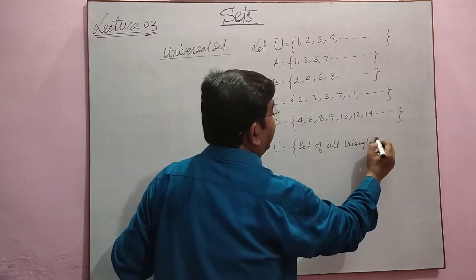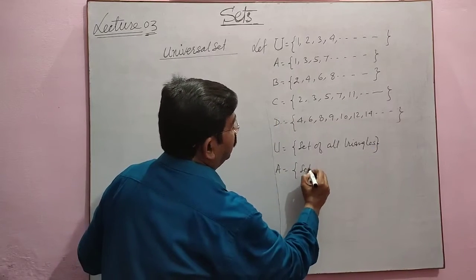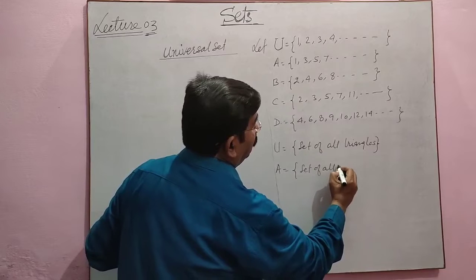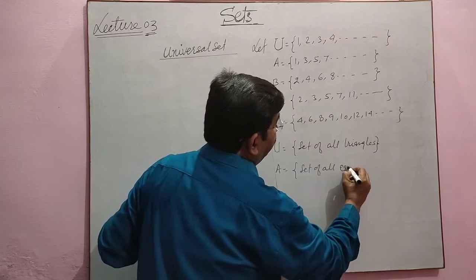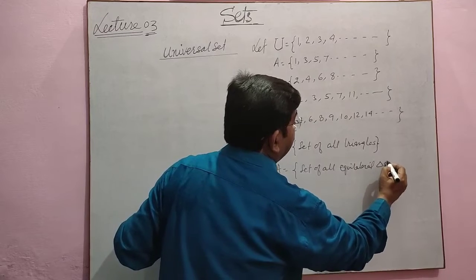Suppose we have a set U, the universal set, which is the set of all triangles. Set A, suppose, is the set of all equilateral triangles.